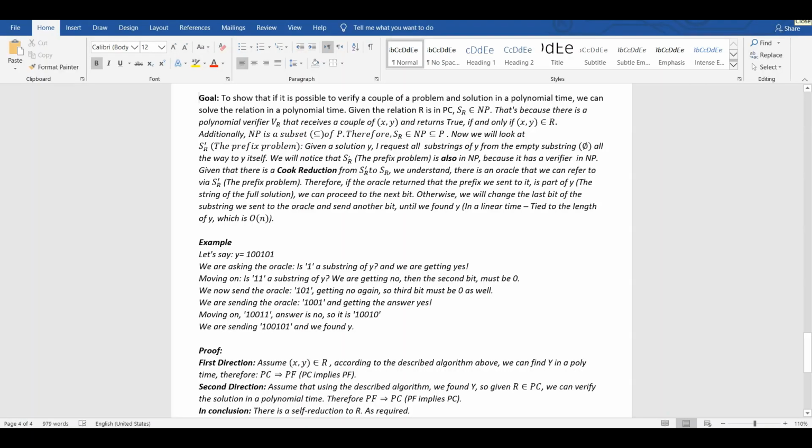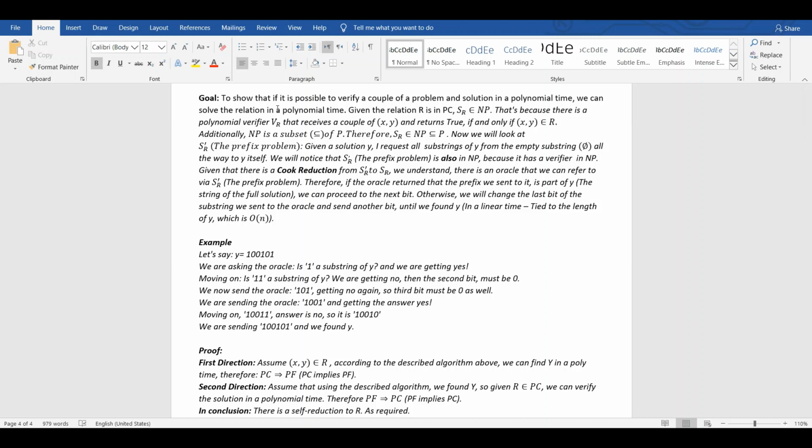Okay, so our goal is to show that if it is possible to verify a couple of problem and solution in polytime, we can solve the relation in polynomial time, given the relation R is in PC. SR is in NP.